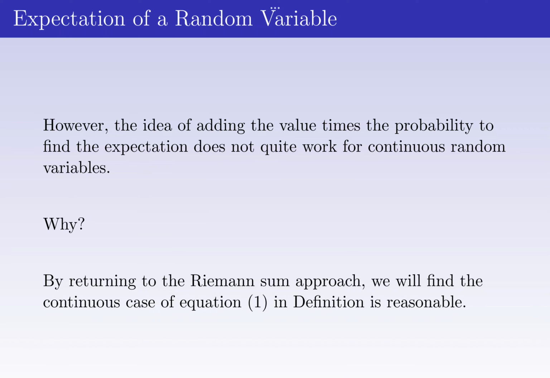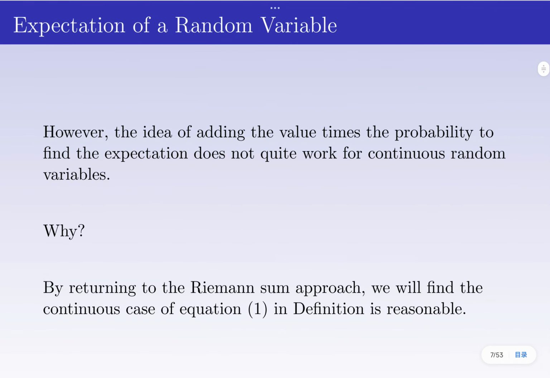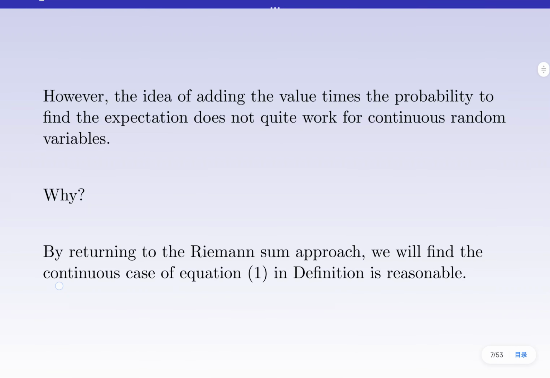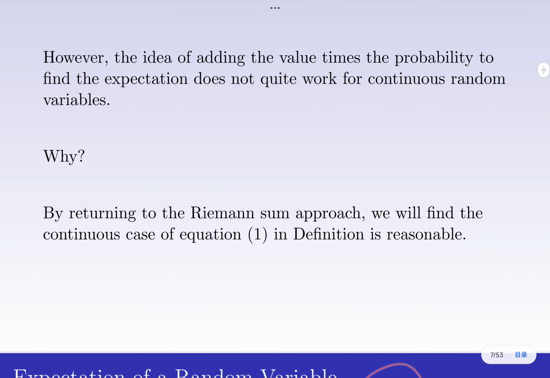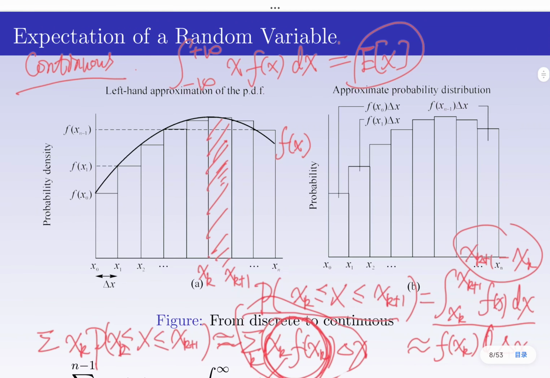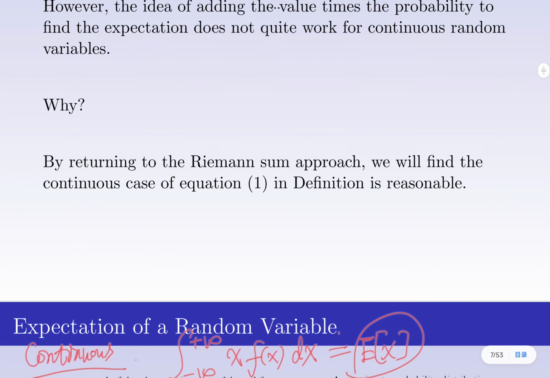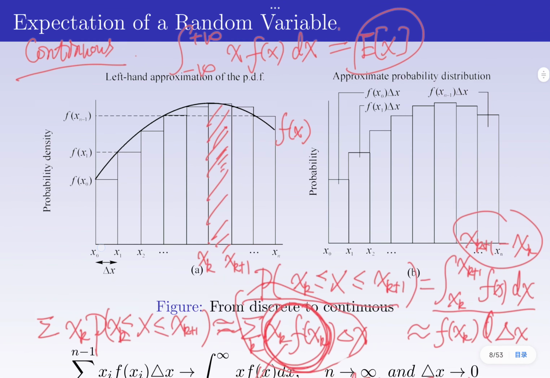However, the definition does not quite cover the continuous case, but with the Riemann sum approach, equation 1 in the definition is reasonable. What is the Riemann sum? Riemann sum means going from discrete to continuous. What is calculus doing?